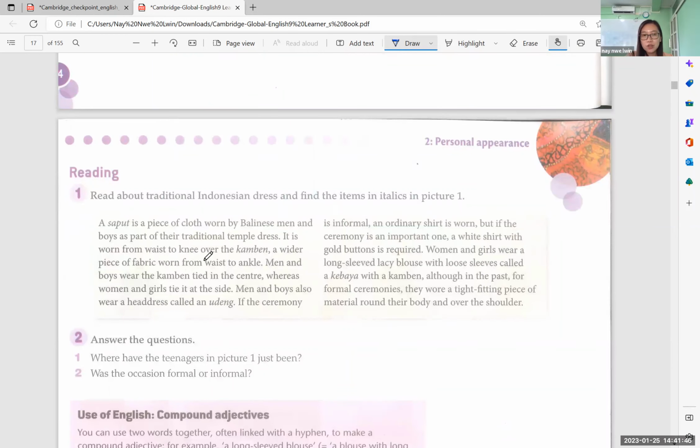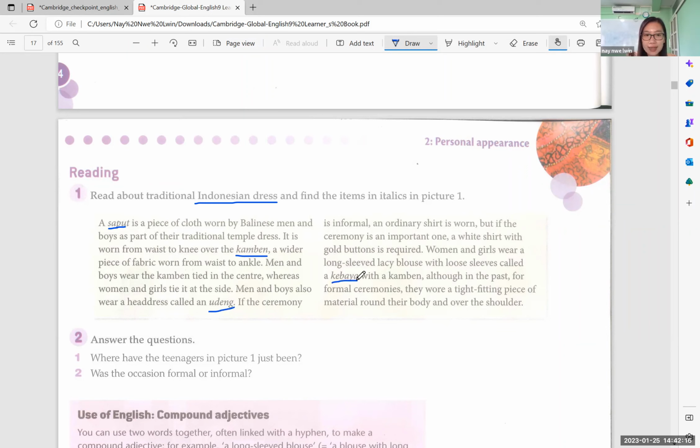Reading. Read about traditional Indonesian dress and find the items in italic in picture 1. You may see the words in italic, like this one: 1, 2, 3, and 4.